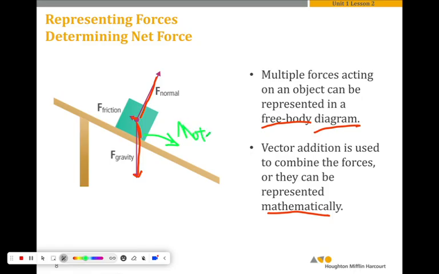That would be its motion. If these force vectors are equal, the box will stay at rest, and it won't move. It'll just stay on the table. Now, if we apply a force to the box, maybe we put an applied force this way, it would start moving that way.